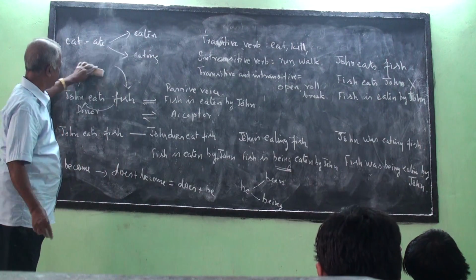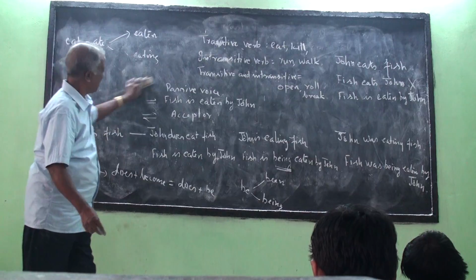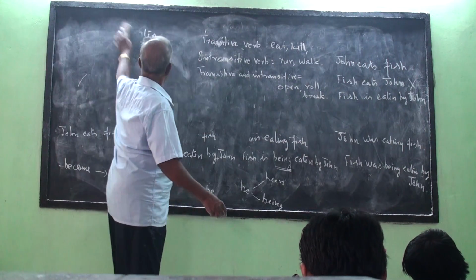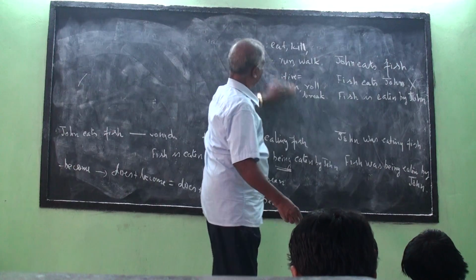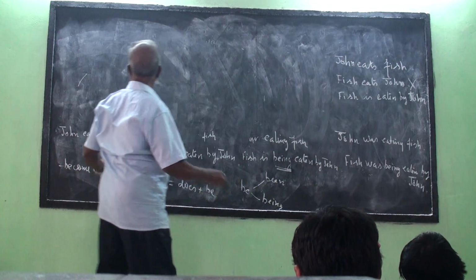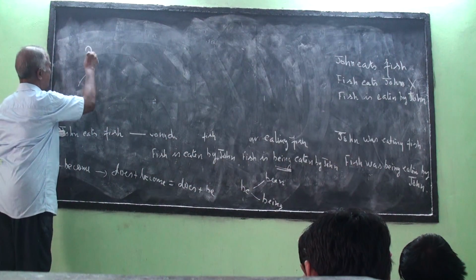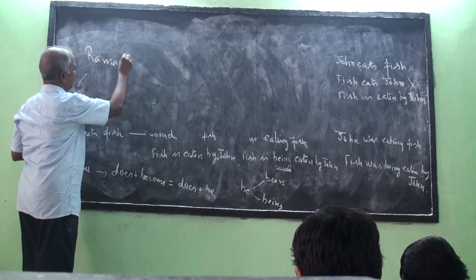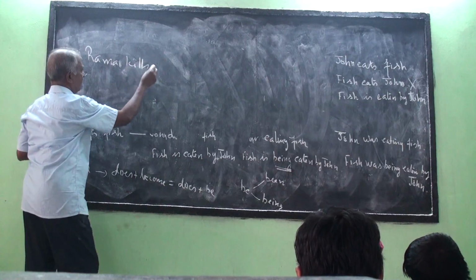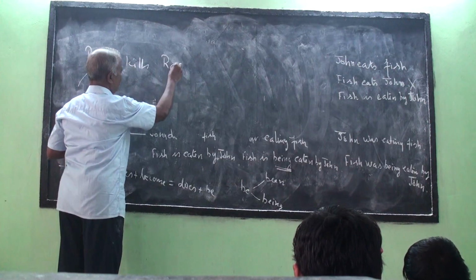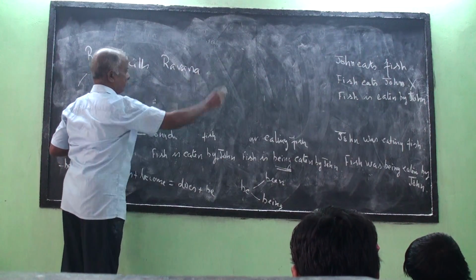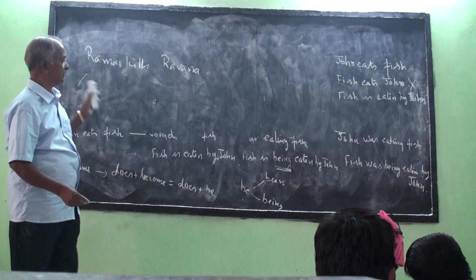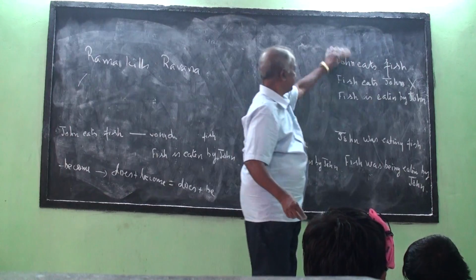Rama kills Ravana. What is the method of converting this into passive voice? What is the method?